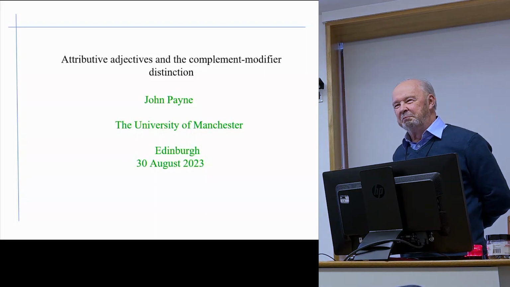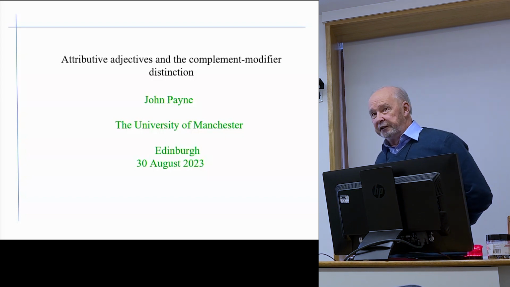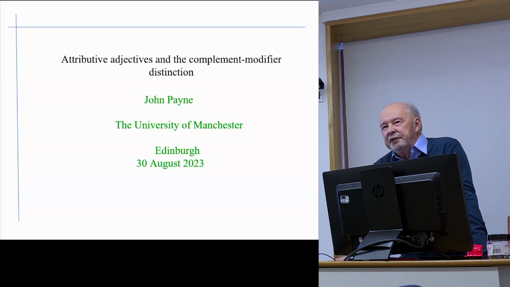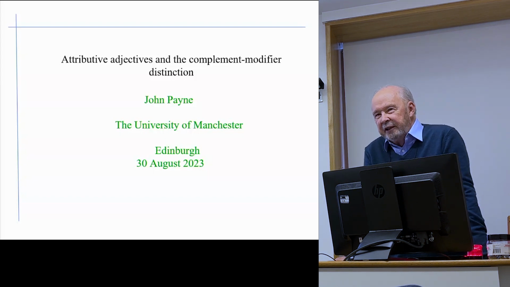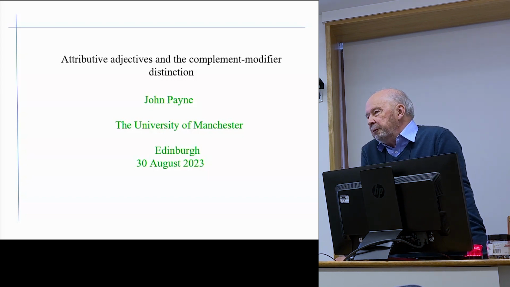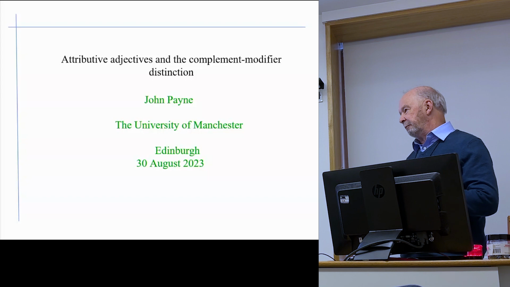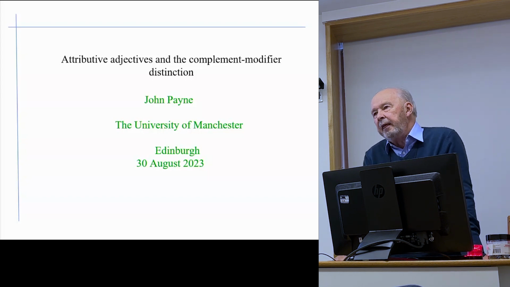We've both taken part in the Cambridge Grammar of the English Language. And what I have to say today is related to that. It's also related to work that we've done subsequently, because it concerns the distinction between complements and modifiers at a syntactic level, or if you prefer, arguments and adjuncts at a semantic level, very closely related.